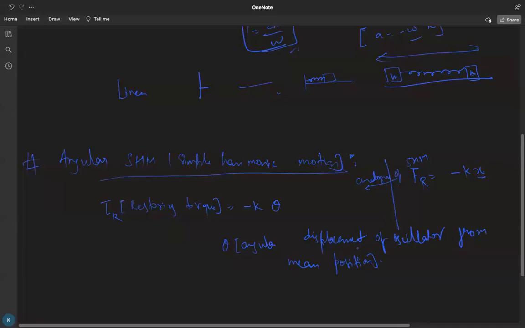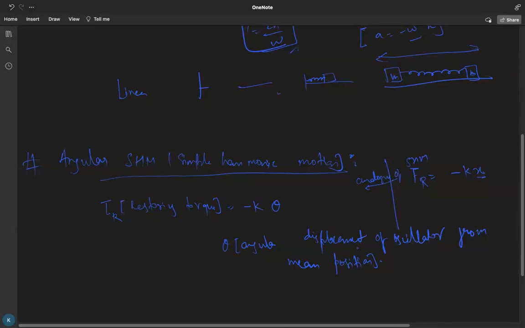In angular simple harmonic motion, the force is replaced by restoring torque, and the displacement x from the mean position is replaced by the angular displacement of the oscillator from the mean position.